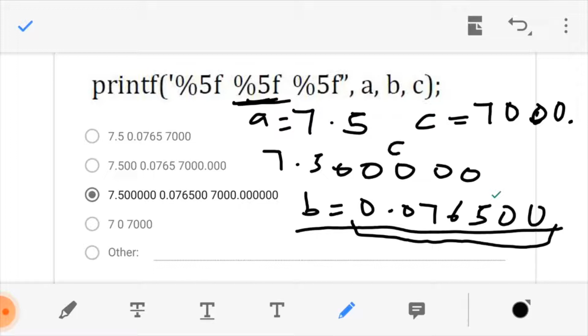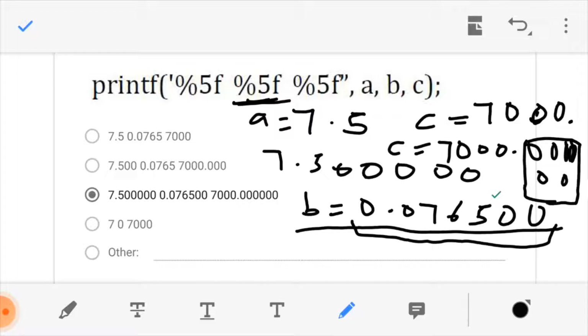So C in its floating point would be 7000.000000. So 1 2 3 4 5, you get the idea, 1 2 3 4 5 6. The space is small, but we get the idea that these zeros would be 6, and that would account for our default precision. Okay, so let's move on to the next question.